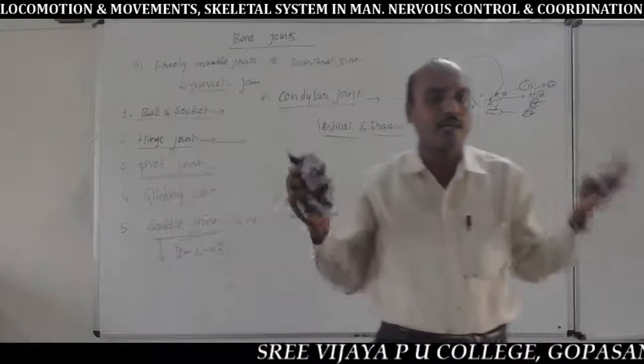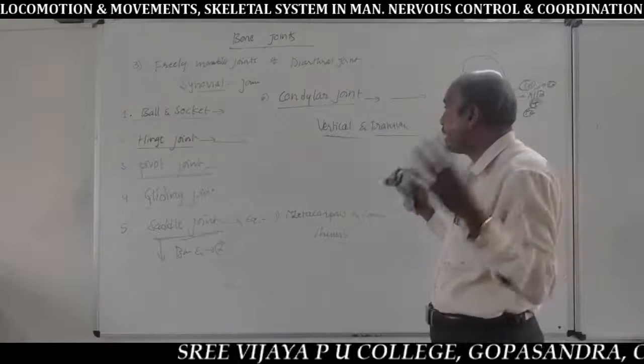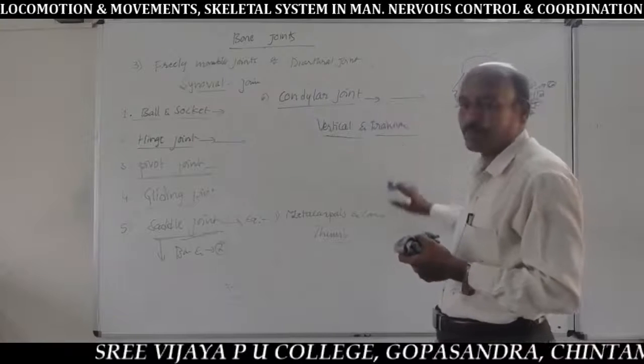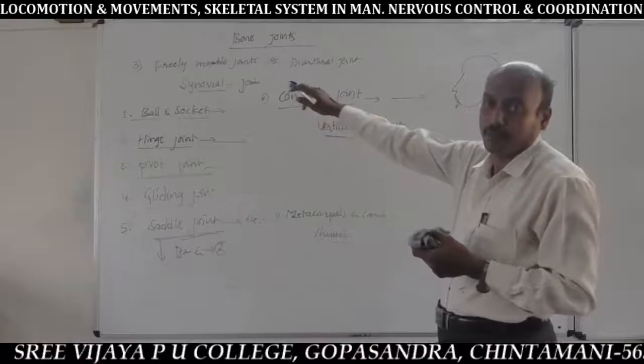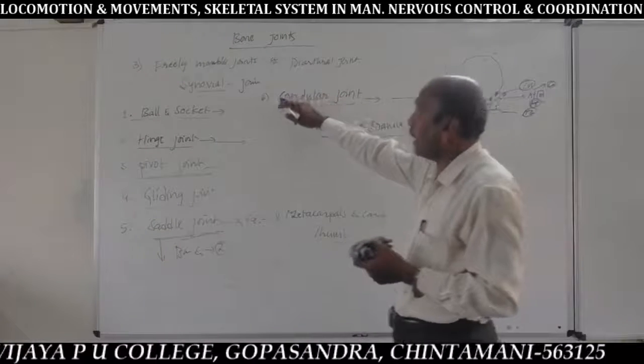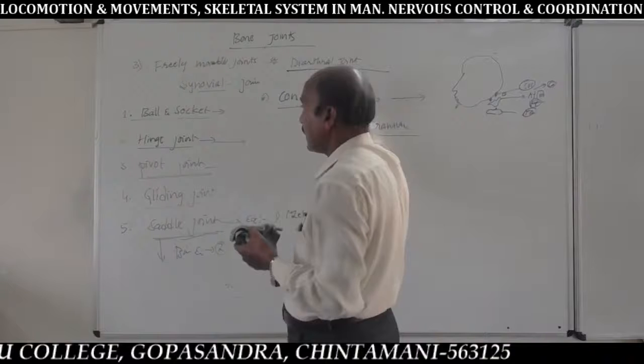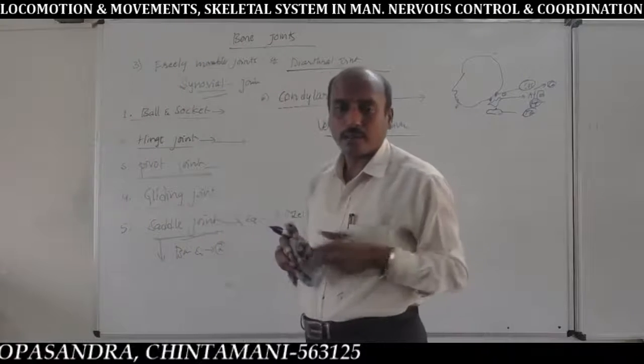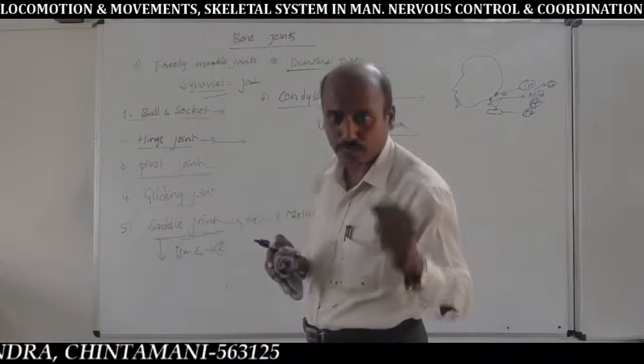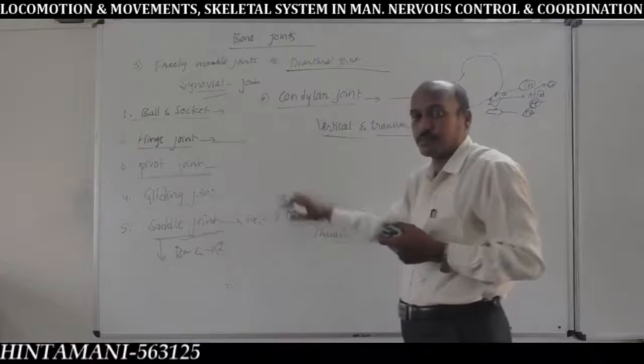So these are all the six different types of freely movable joints, or diarthrosis joints, or synovial joints. Very, very important. At least one important question is there from these different types of joints.